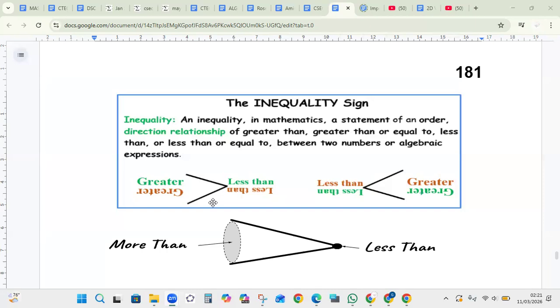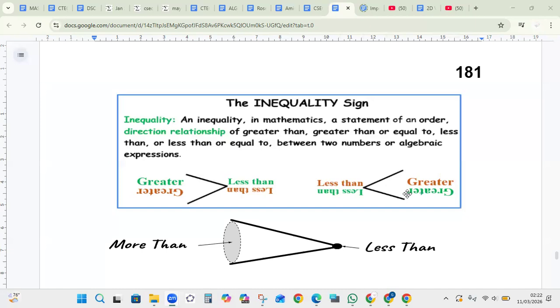Meaning, when you see the point, you say less than. When you see the opening, you say greater than. When you see the extra line parallel to that diagonal, you say or equal to. So no matter what direction it is pointing, the point is called less than, and the opening is called greater than.